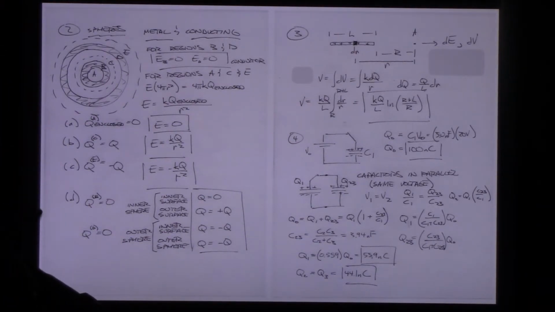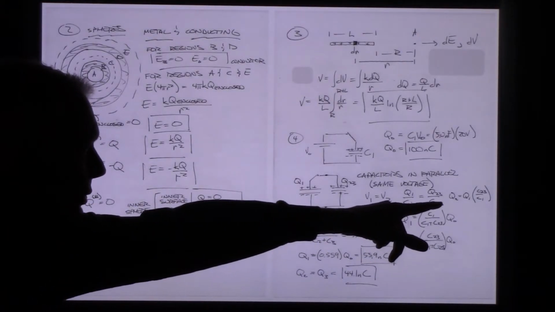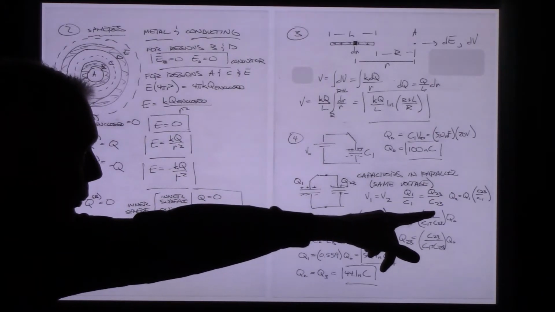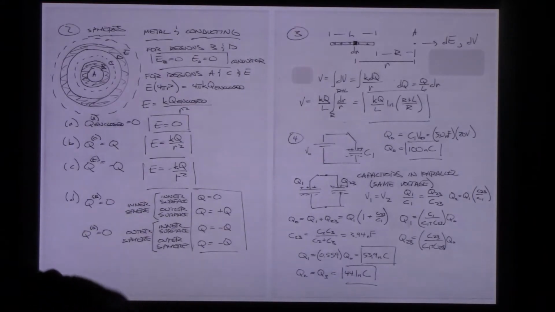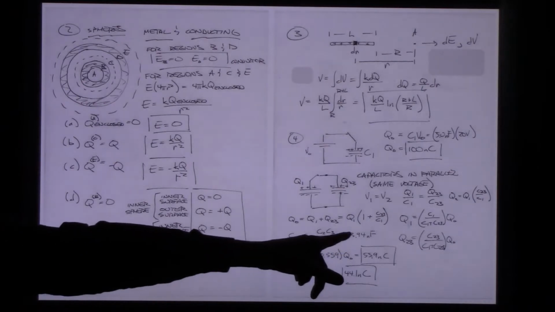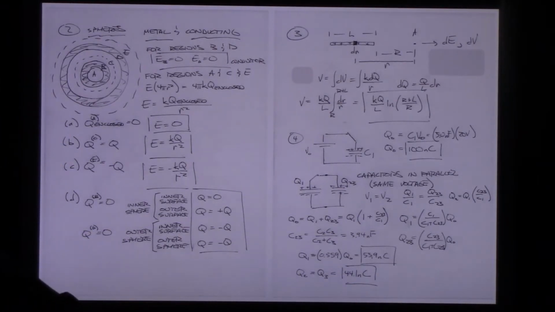All right, so we've got two conditions that need to be met. This condition of the voltages leads us to the ratio of charges, and then there's this statement of charge conservation. We're going to combine those two to give us a formula that enables us to calculate Q1.